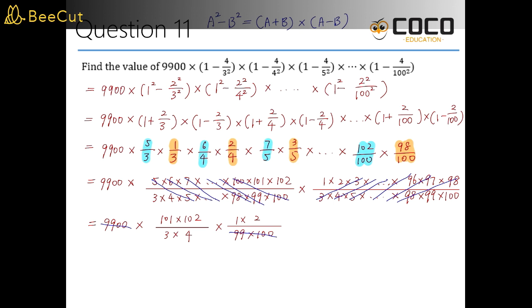It's 101 times 204 over 12. So 204 divided by 12 gives us 17. So 101 times 17 is 1717. That's the answer for question 11.